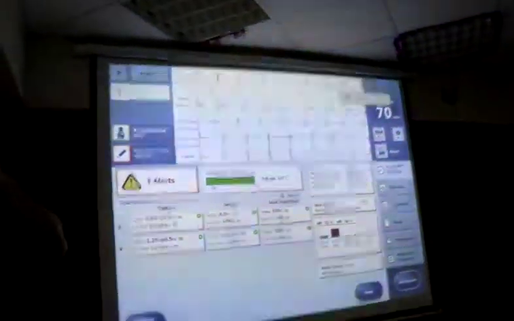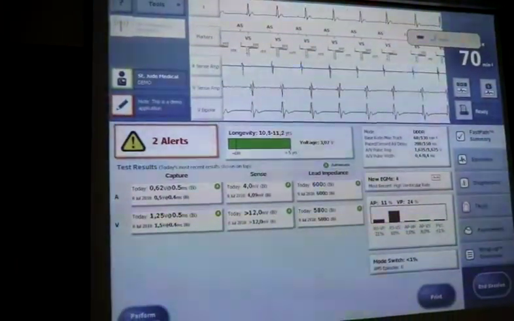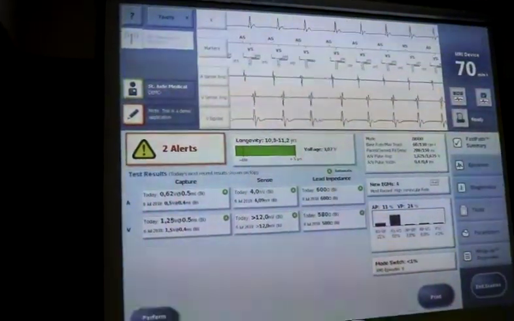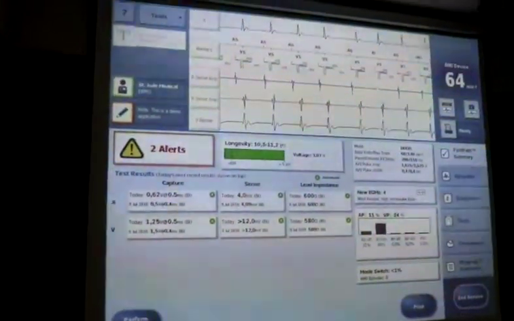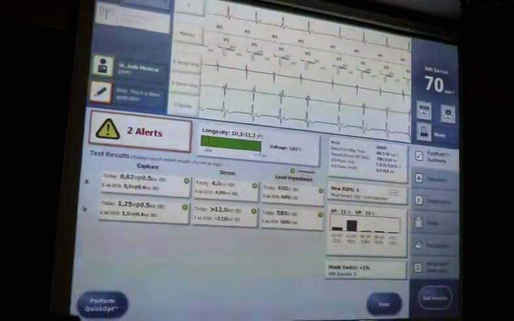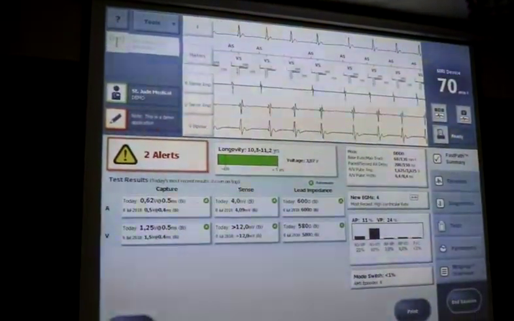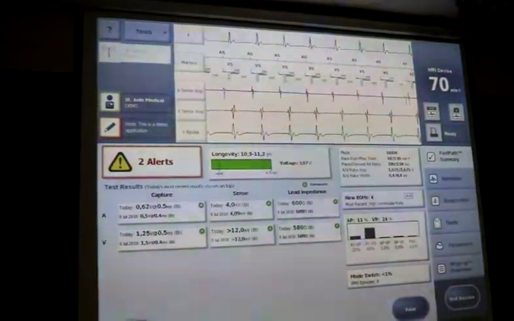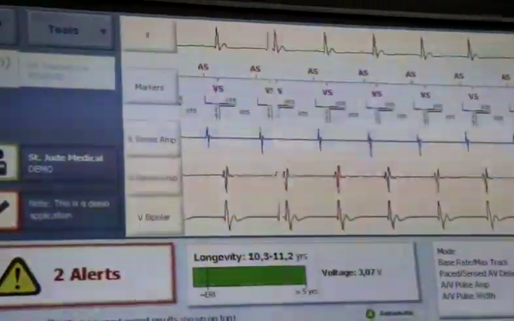So let's make up a patient, right? We'll make up a standard pacemaker patient. Let's say it's a patient who's got paroxysmal AV block. So they've got paroxysmal second to third degree AV block.